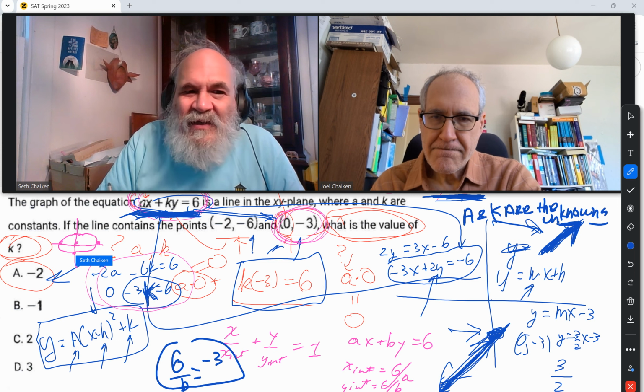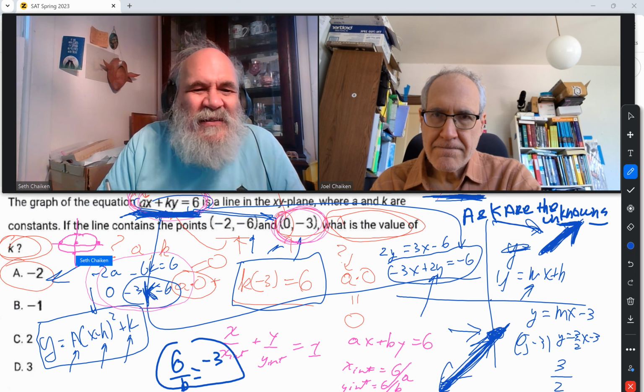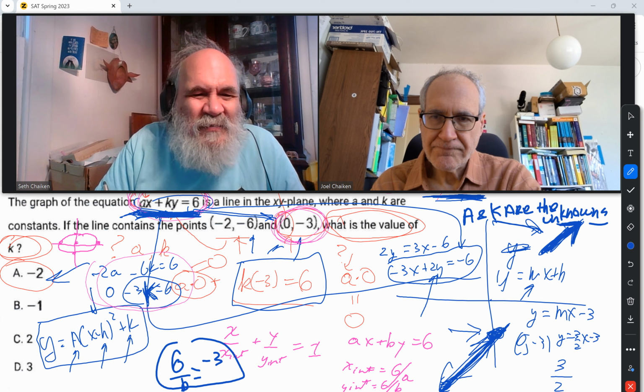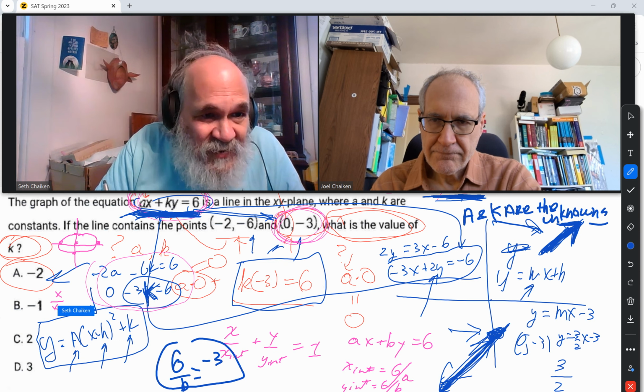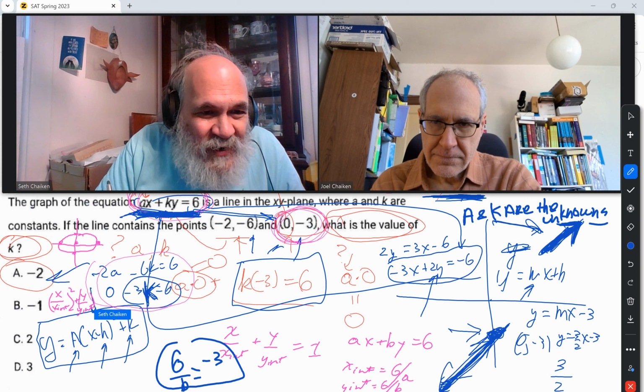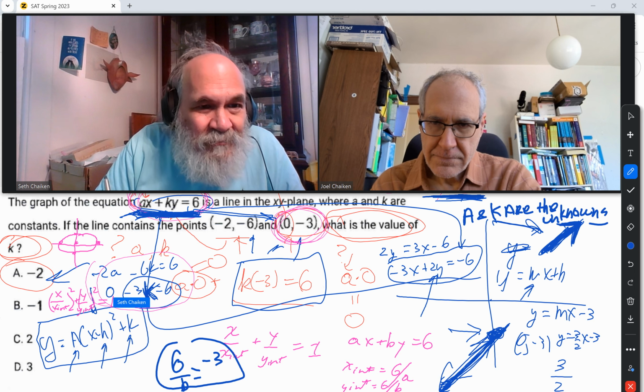And the standard form for the ellipse, the intercept form, is x over x-intercept squared plus y over y-intercept squared equals 1.